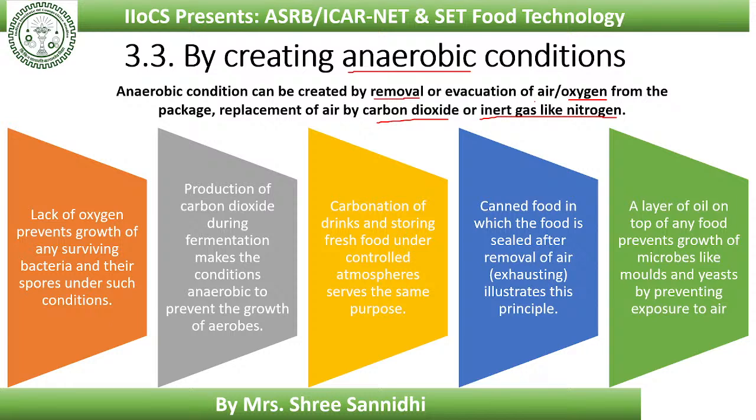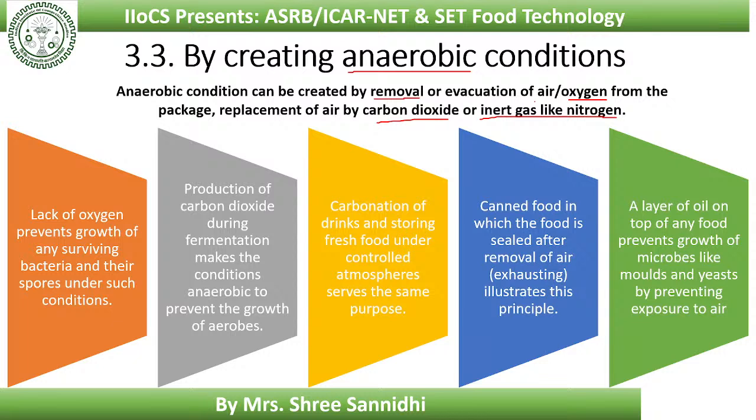Okay, so by using this method, what we can achieve is, first one, lack of oxygen prevents growth of any surviving bacteria and their spores under such conditions. So growth of any aerobic bacteria will be hindered by this method.